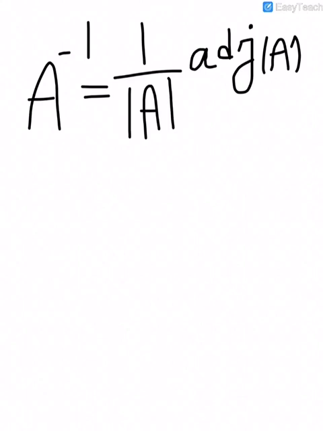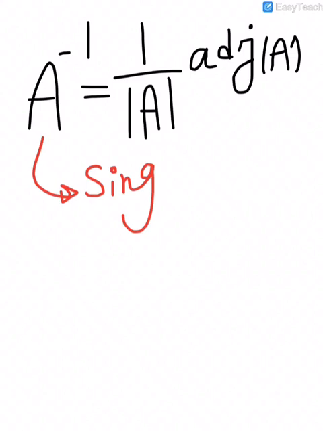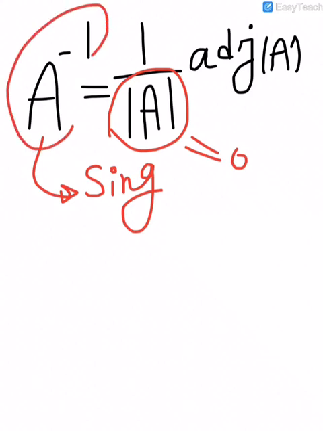Now I'm going to ask you the question: what if A is a singular matrix, which means the determinant is going to be 0? So when the determinant is 0, 1 over determinant is going to be undefined, right? It's undefined, so there is no inverse matrix.